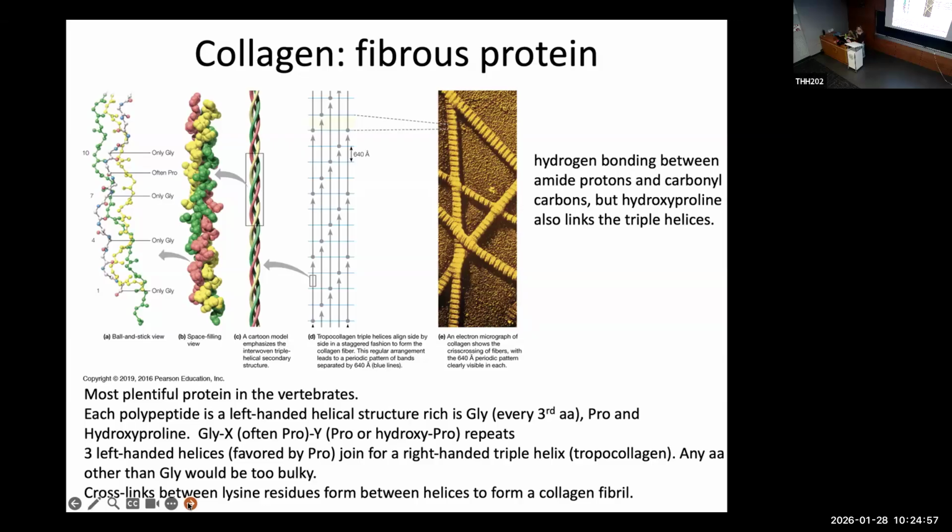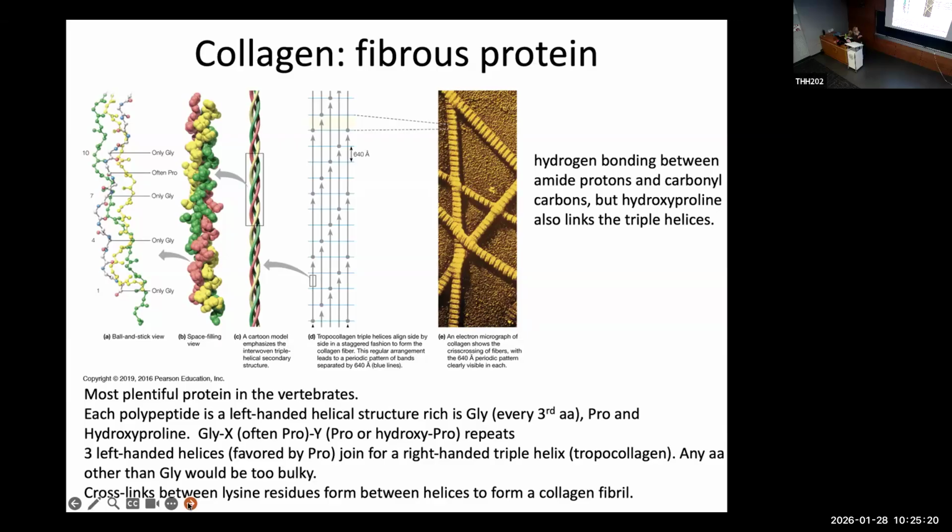And then we get another level of structure to this. If we look at this diagram, this is a cutaway view of tropocollagen here. So this would be a long tropocollagen molecule. You get multiples of those interacting with each other to form something like this, quite thick.